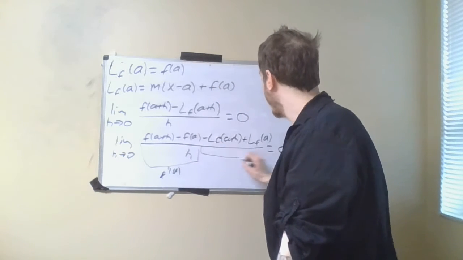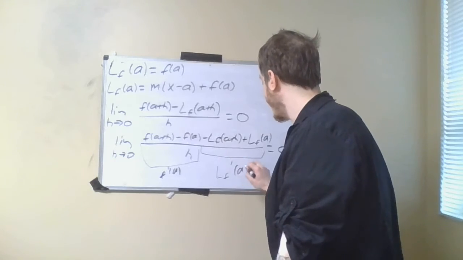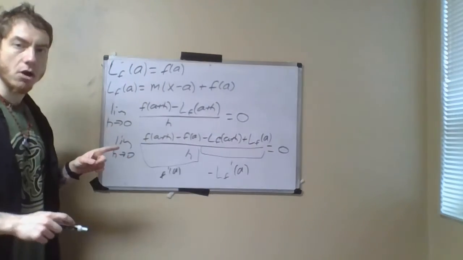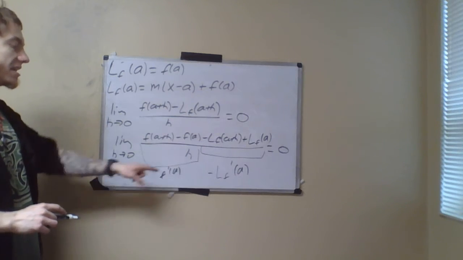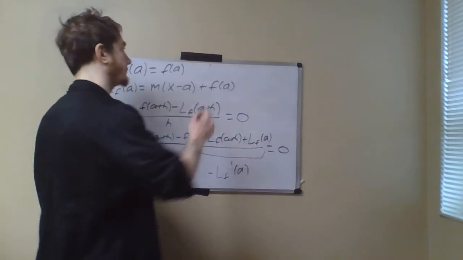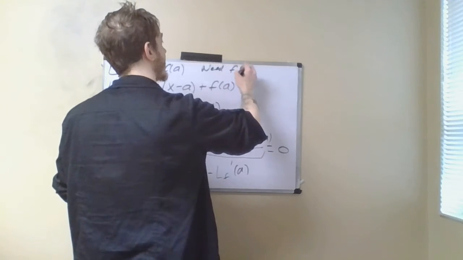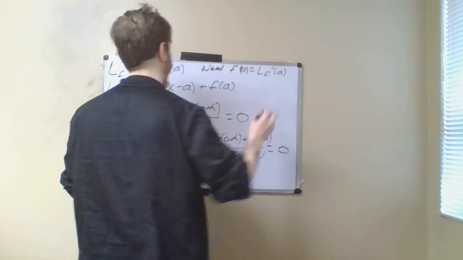And what I have over here, this is just LF prime of a, except it is negative. And so what we want in order for this limit to come out to be 0 is for their derivatives at a to be equal to one another. So we need f prime of a to equal LF prime evaluated at a.